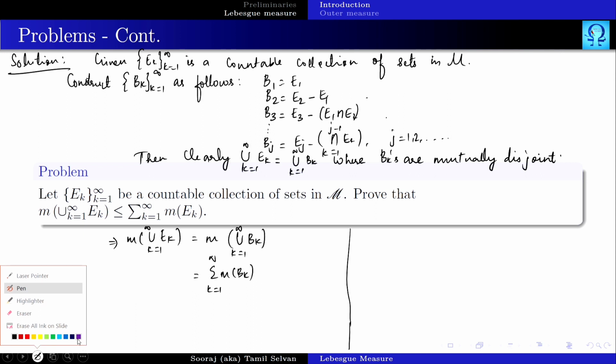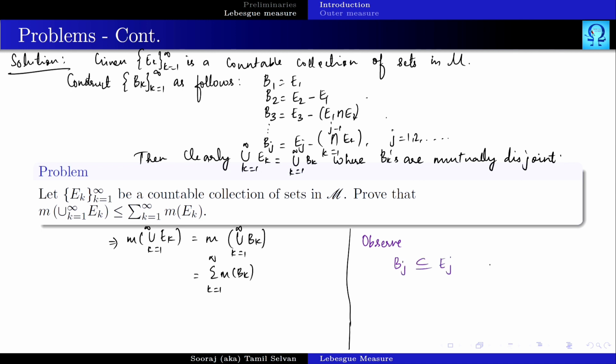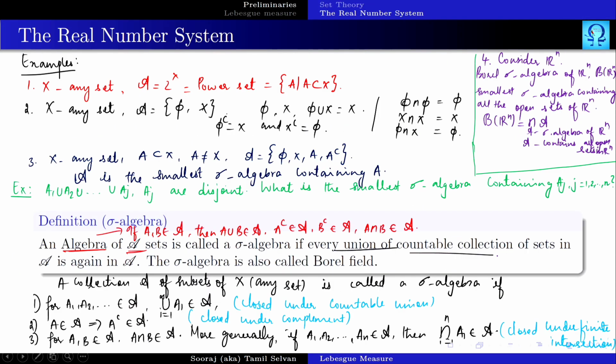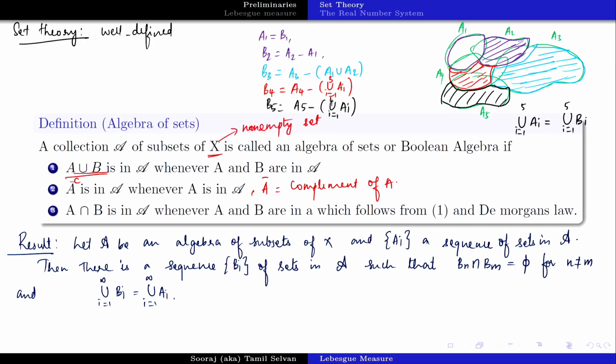Observe that bj is contained in ej for all j. You can just see here, we have chosen a1 to be our b1 in this case, right?